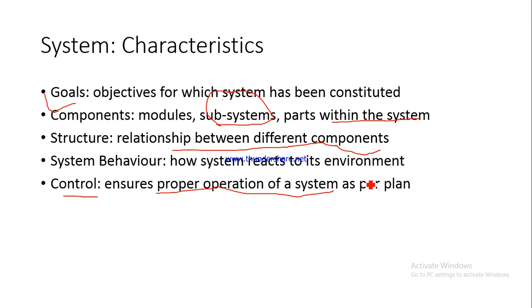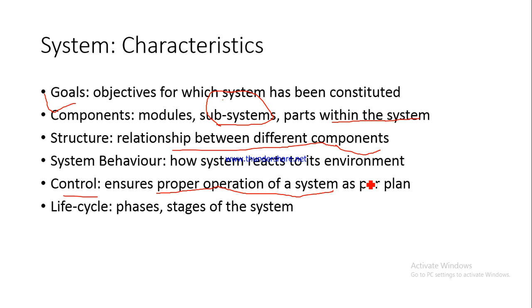So the one who is not performing well will be pulled out from the front row and shifted to the last row, while the ones who are performing well would probably be shifted to the front row. So you understand this point. So the control should also be there in a system, and it is always there in the system.